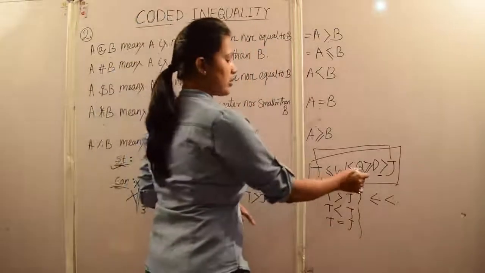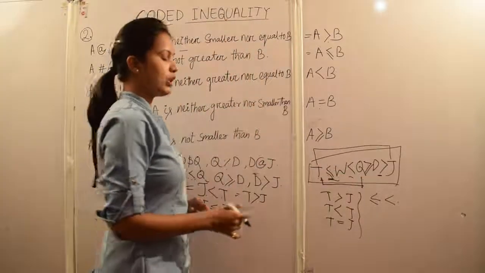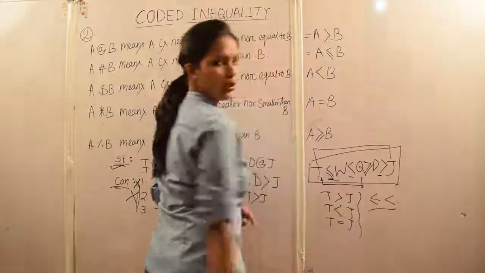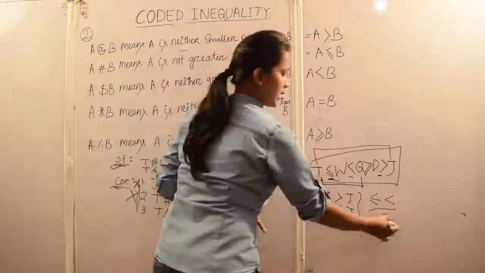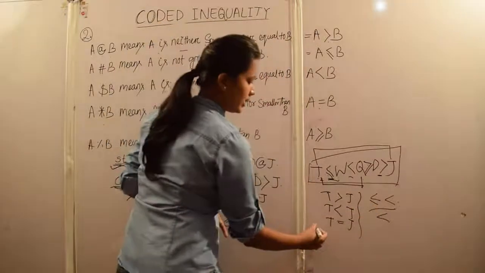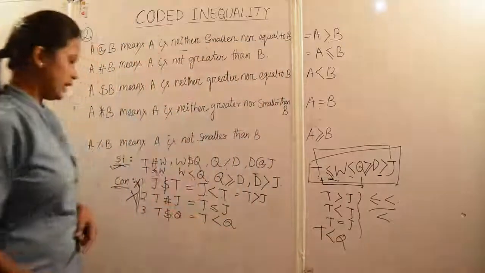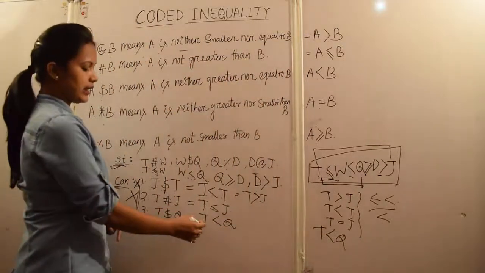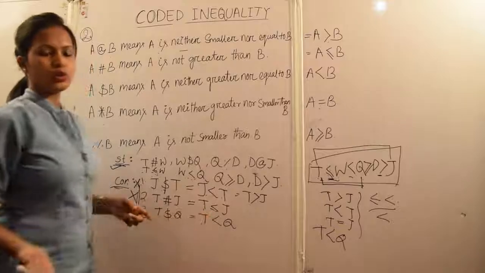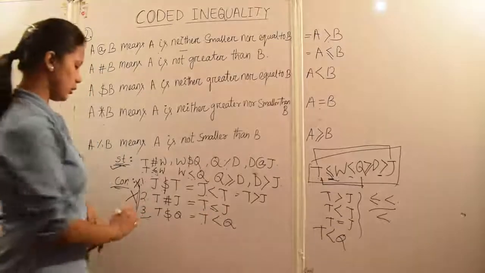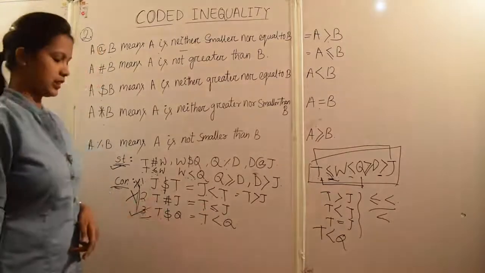So the relationship between T and Q will be the one which is common between the two inequalities, that is less than. So we can write here T is less than Q. In conclusion 3, it is written that T is less than Q. So we found that the third conclusion is definitely correct.